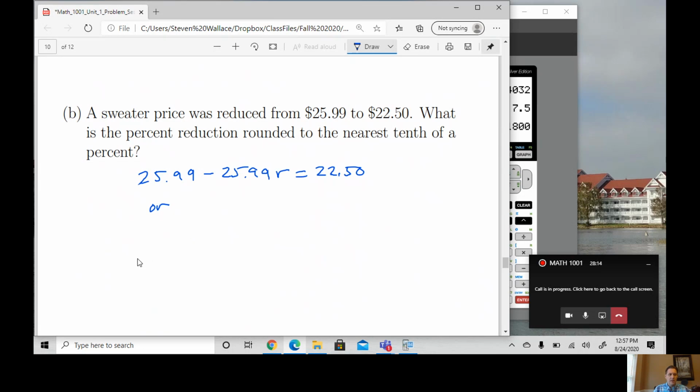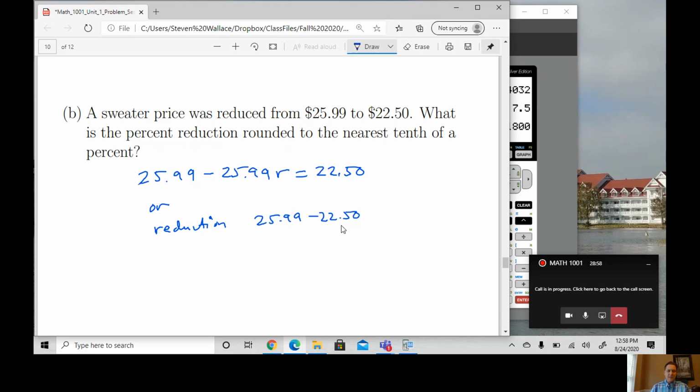Or, turning it on its head. So the price reduction is $25.99 minus $22.50. Right? That's how much it's off.